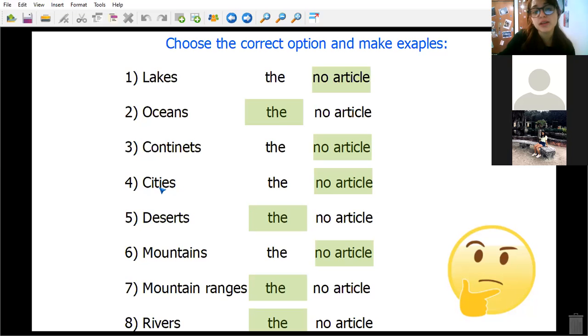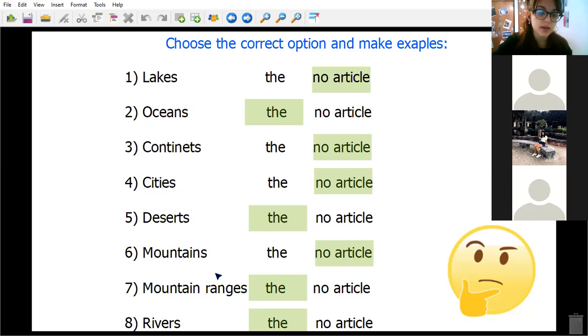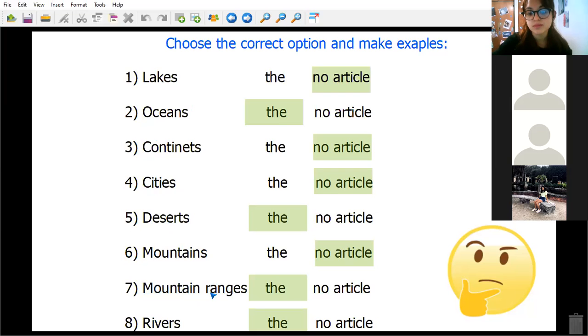Not I live in the Córdoba. Let's make one up with Cordillera de los Andes. I visited the Cordillera de los Andes. Claro, because this is a mountain range. The Andes mountain range is big. Right, very good.